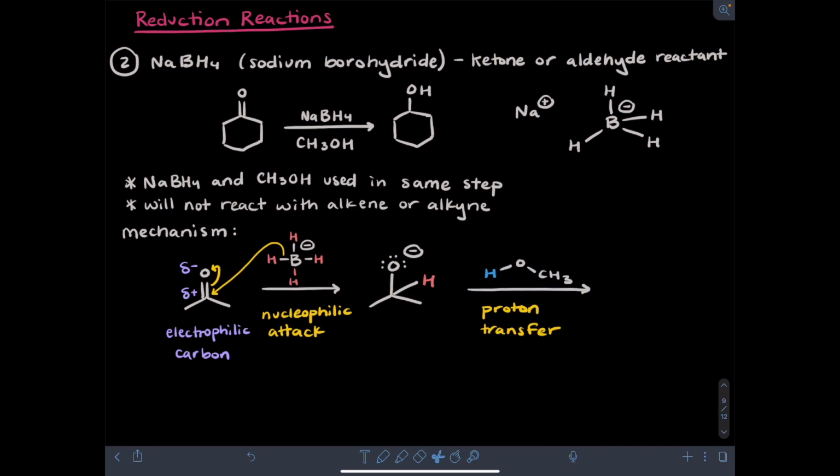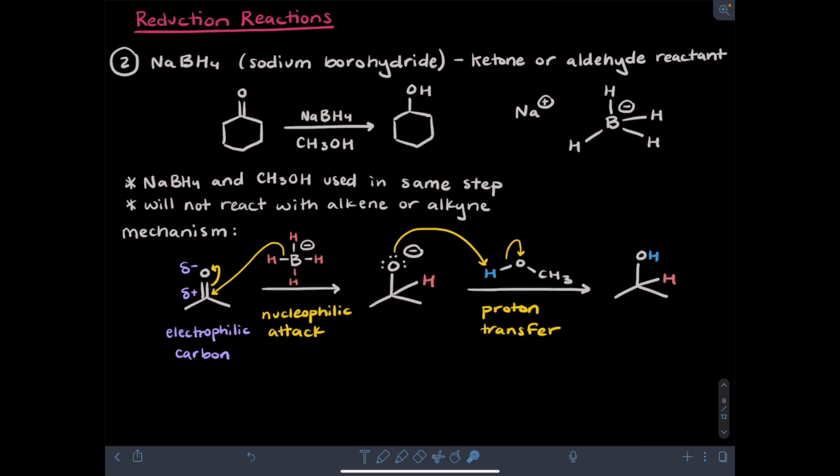In the second step of the reaction, this oxygen with a negative charge is going to behave as a base, and the alcohol solvent will behave as the acid. This proton transfer step will generate a new oxygen-hydrogen bond in our molecule of interest, and it will deprotonate a solvent molecule.